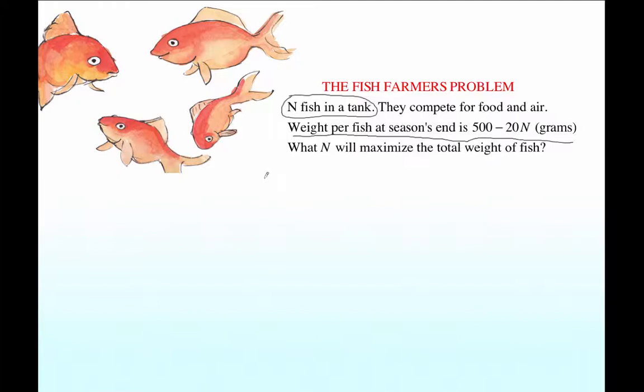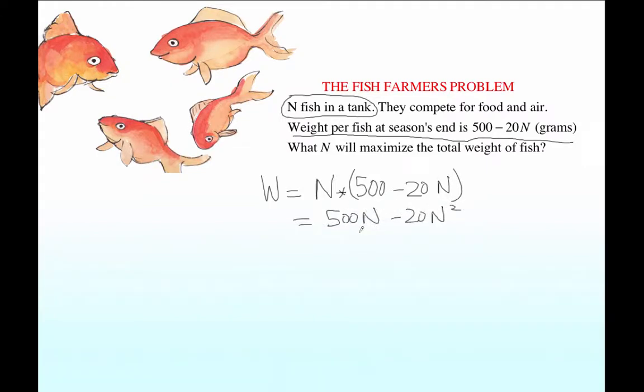For this, we have to do a calculation. Let W be the weight of all the fishes combined. So it's the number of fish times the weight of each of these fishes. So it's N times 500 minus 20N, and that's 500N minus 20N squared.